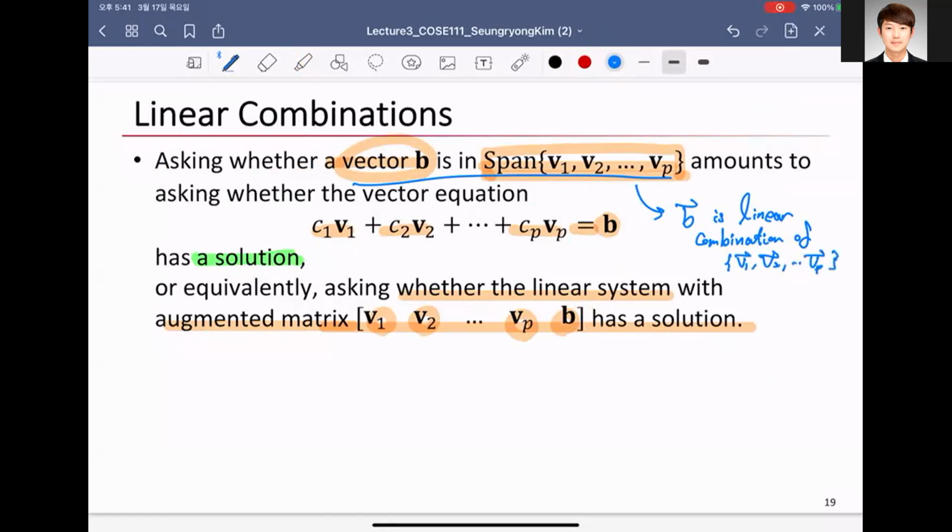Right. If vector b is in span of v1, v2, and vp is equivalent to whether this vector equation has a solution, which is equivalent to this linear system with augmented matrix looks like this has a solution. Okay. In other words, okay, it's very, very important.